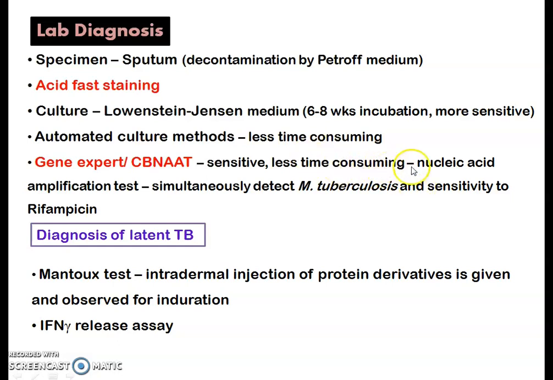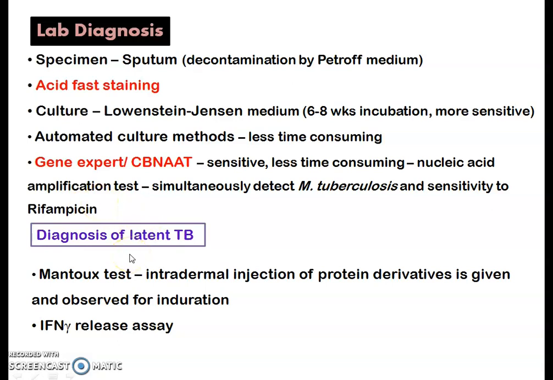Here, nucleic acid amplification is done, and by doing this test we can simultaneously detect the presence of Mycobacterium tuberculosis and find out its sensitivity to rifampicin.